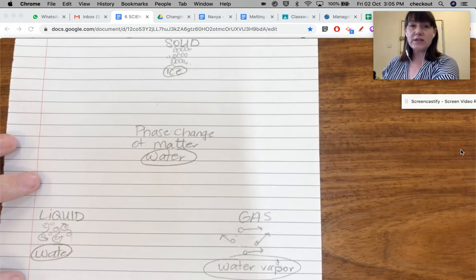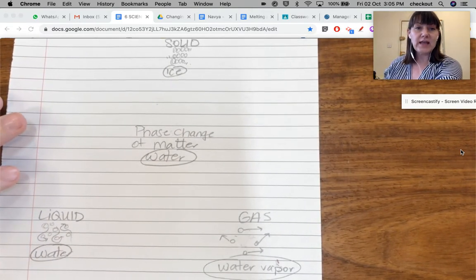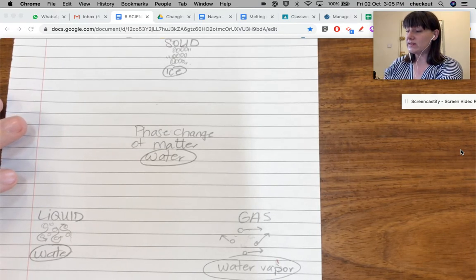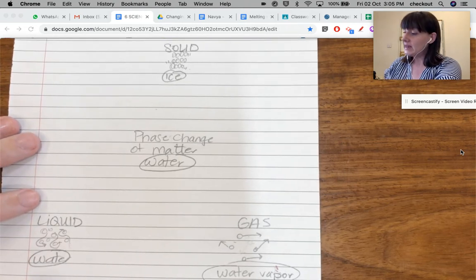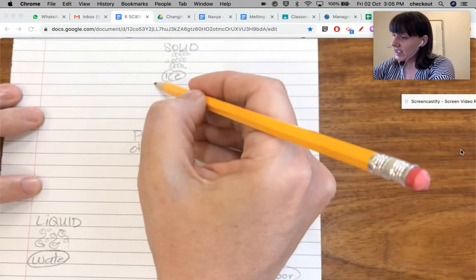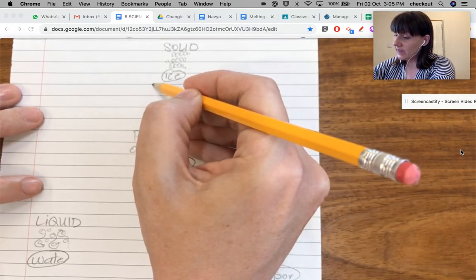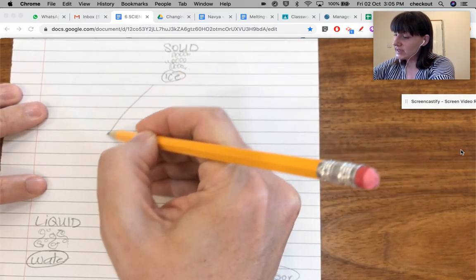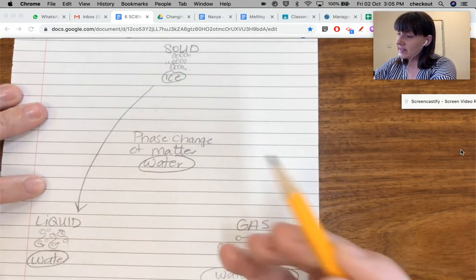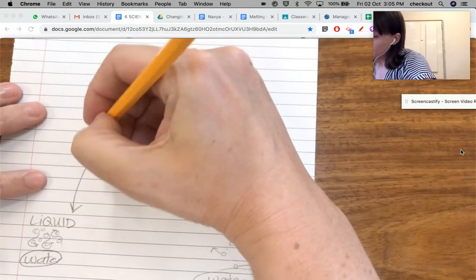Now, we're going to talk about those processes between solid, liquid, and gas, the process of change. Now, let's start with a solid. If we start with a solid and it changes into a liquid, that has a special name, melting.